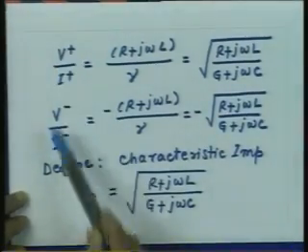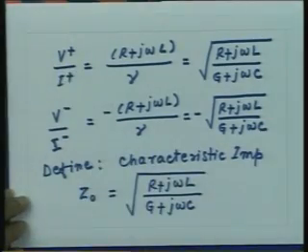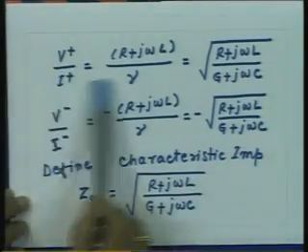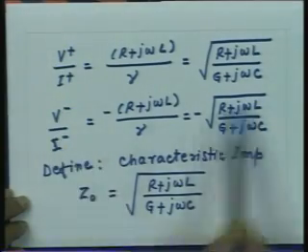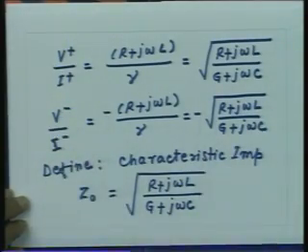Once I get this, then I can now reduce the arbitrary constants in the voltage and current expressions, because I can substitute for I plus, which is V plus divided by Z naught, and I minus can be substituted as V minus divided by Z naught.